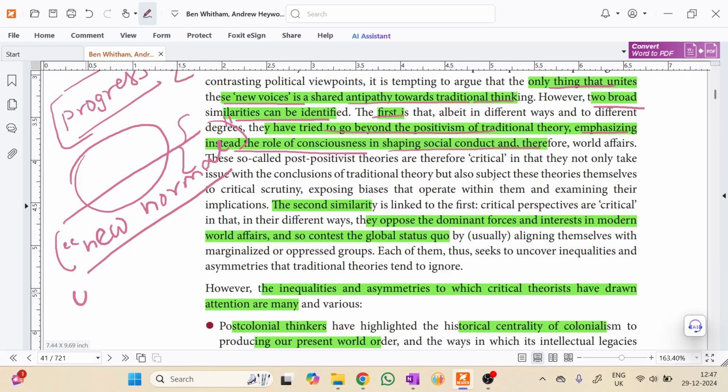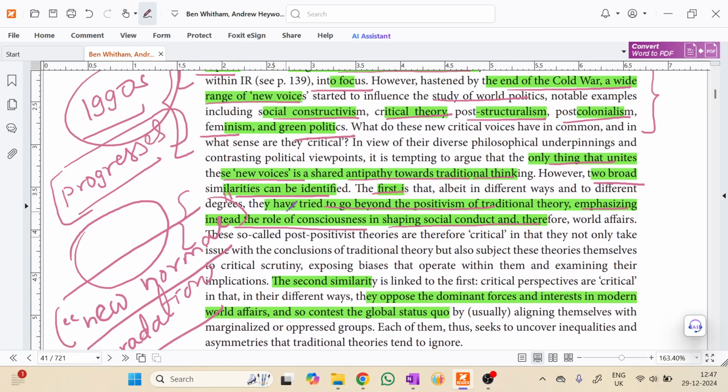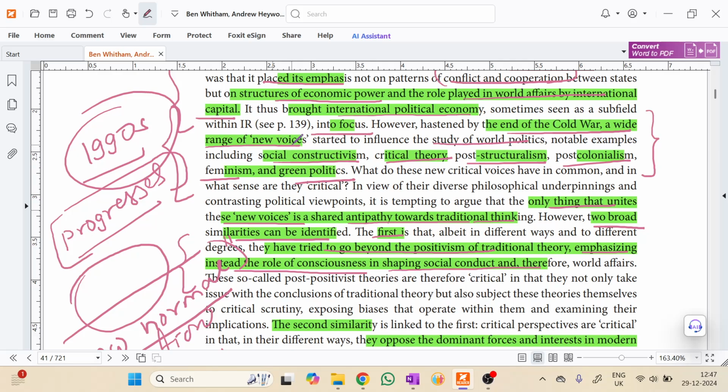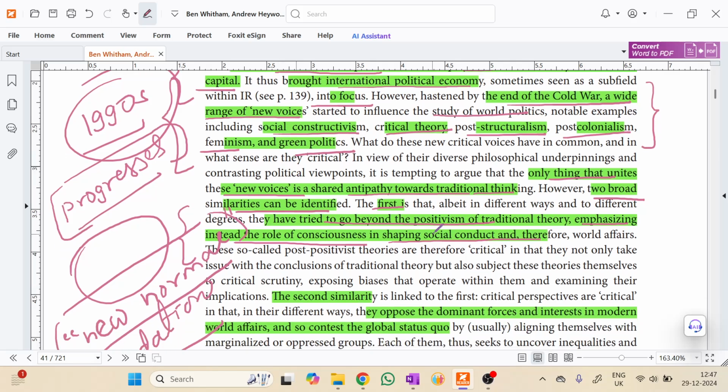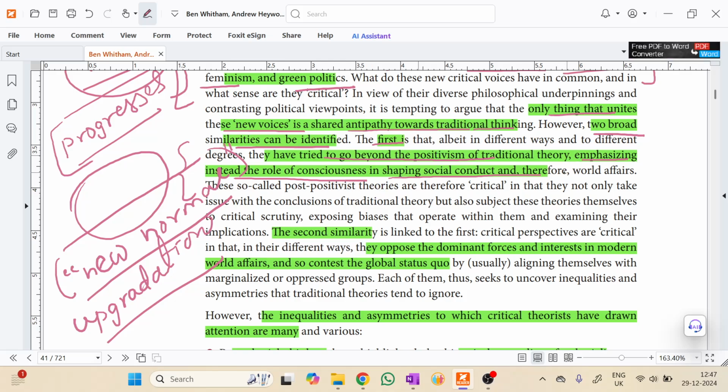It's like we have upgraded it. This upgradation keeps going on, and that's why from the earlier conventional two schools we have progressed to these many schools, and now the focus has shifted away from conflict and cooperation, or the ills of capitalism, and has entered the realm of consciousness.